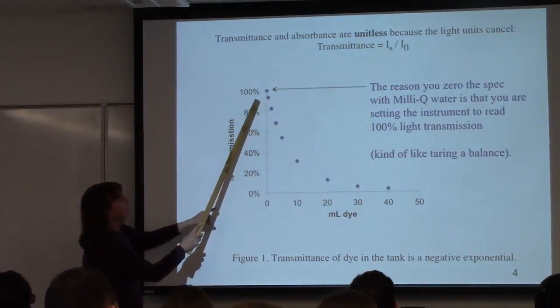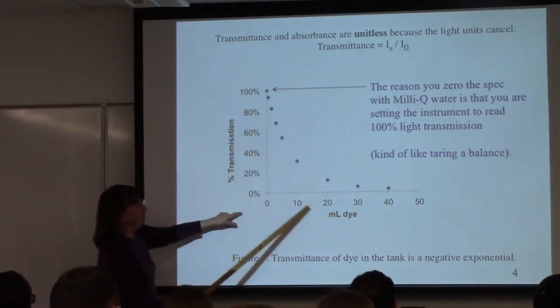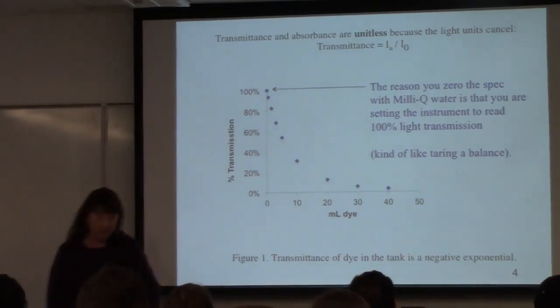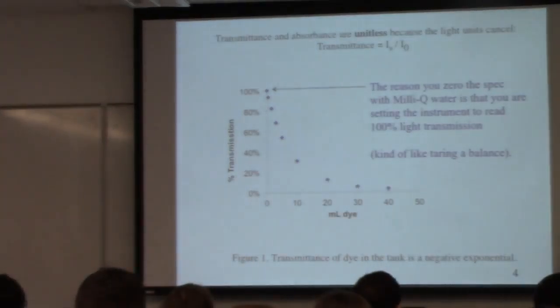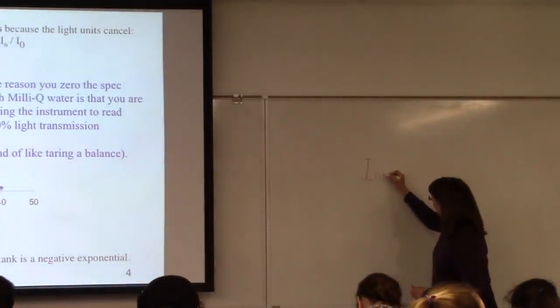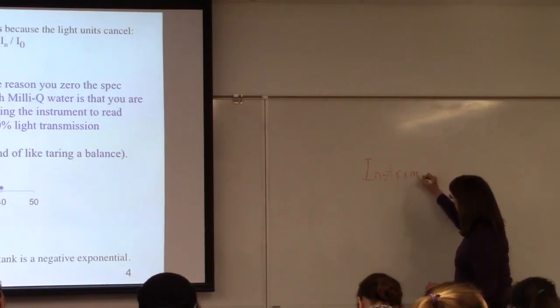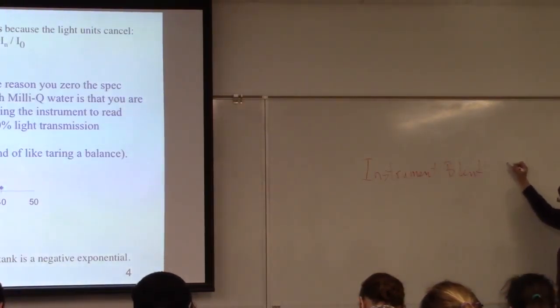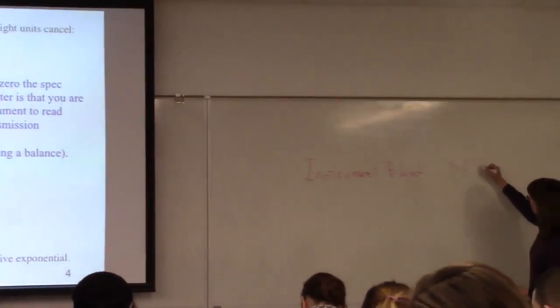So here's the percent transmission versus the dye. And one of the things that gets people very confused is that when we talk about blanks, there is an instrument blank, which you do with Milli-Q water.